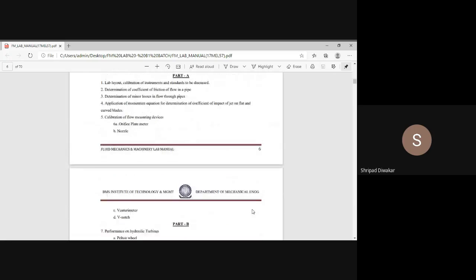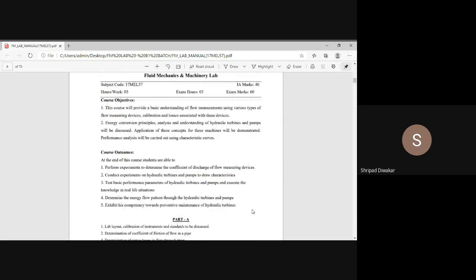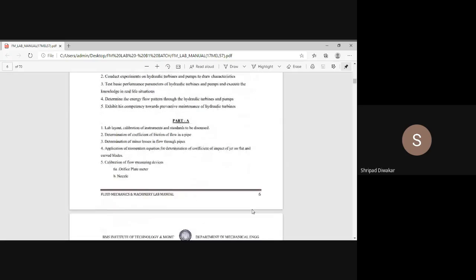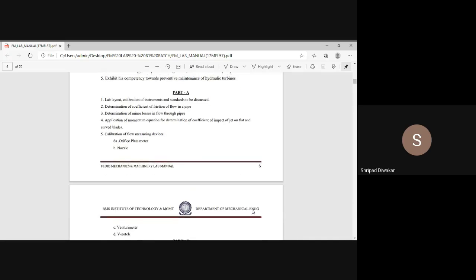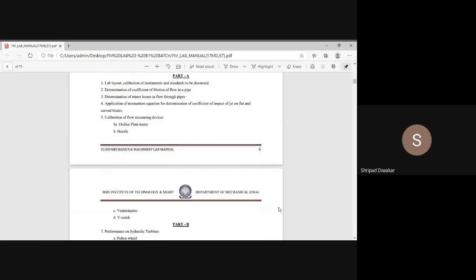As I said, briefly I'll explain the experiments you are going to conduct in the fluid mechanics and machinery lab. Here we have individual experiments and group experiments.